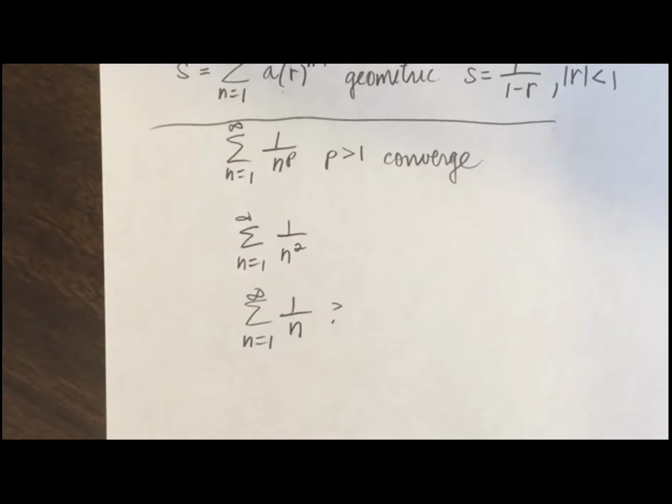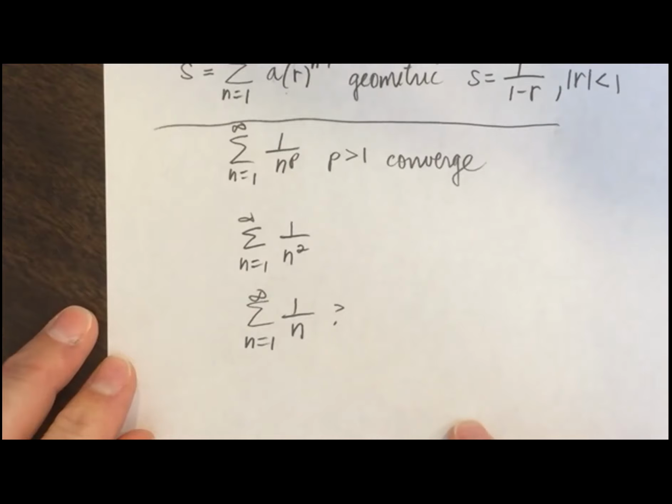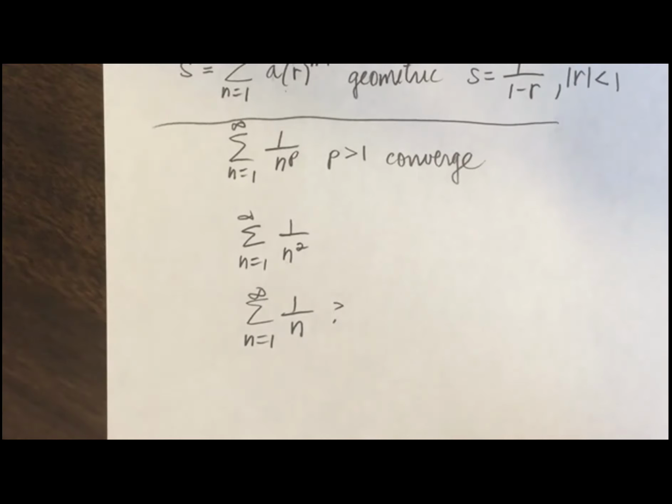Remember, this is always a race. These terms that I'm adding up are getting smaller and smaller, but my sum is getting bigger and bigger. If the terms are getting smaller fast enough, essentially I'm adding on infinitely many infinitely small things, and if those get small faster than I'm adding them up, then I basically am adding on nothing.